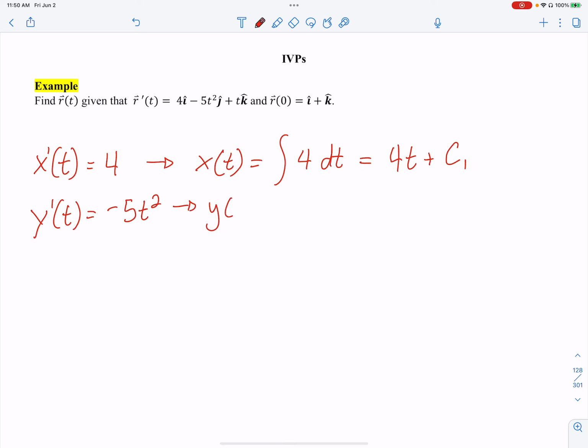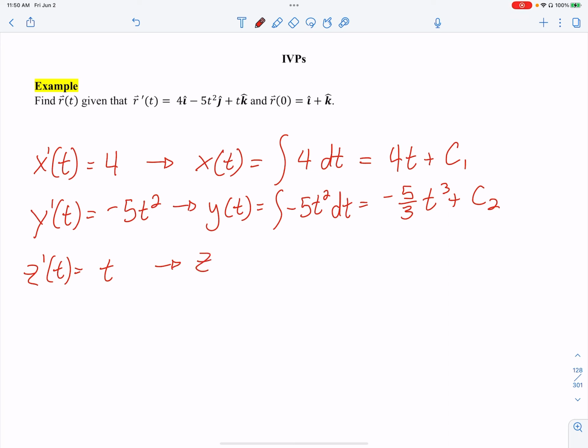So y of t is the integral of that dt. Now remember, we just up the power and divide by the new one, so we get negative 5/3 t cubed plus c2. And then z prime of t was given to us. It is t. So z of t is the integral of t dt, which is 1/2 t squared plus c3.